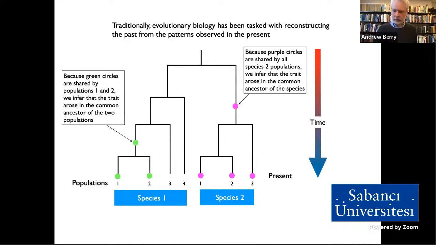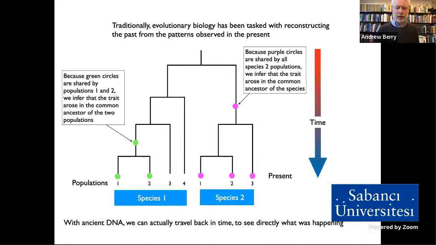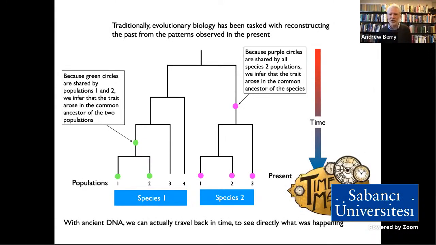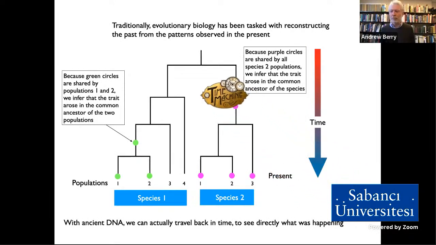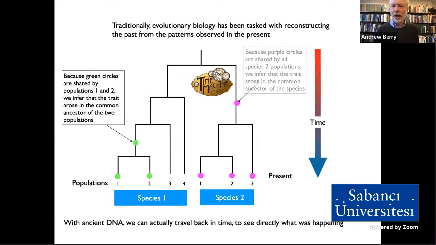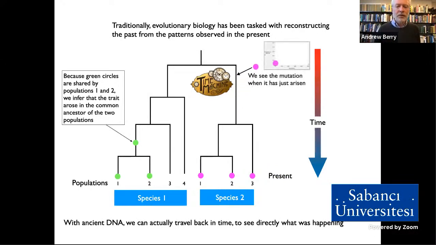And that works, but this is where it gets exciting. We've got a time machine. Ancient DNA is a time machine. So we can actually travel back and look at populations way back then. Right? So now we can actually track through time.